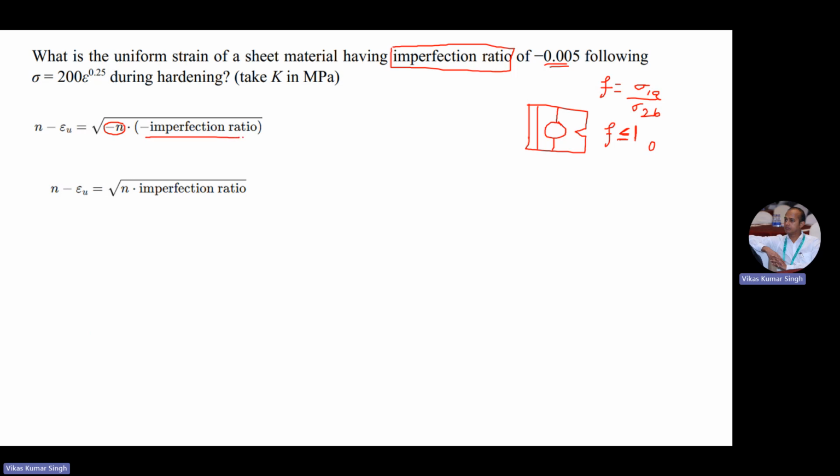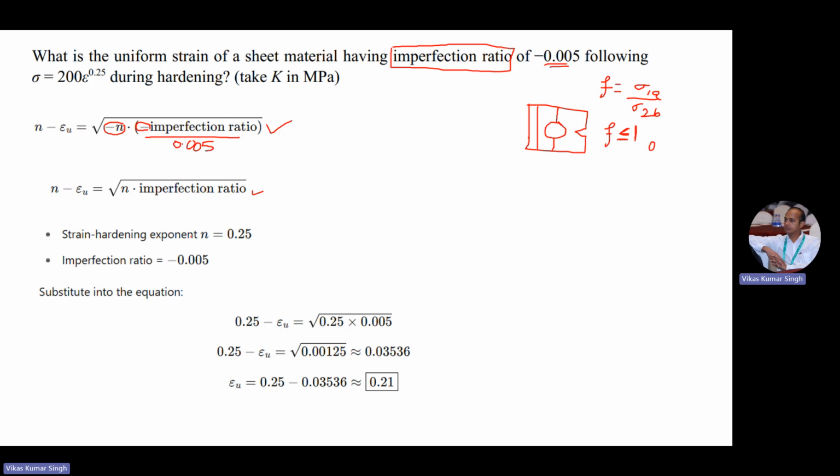The imperfection ratio is given as 0.005. The minus sign is already considered in the formula, so we are not going to put it in again. If we did not consider it, this would be 0.005, so you can say it is a small error, or you can omit it. The minus sign is already taken care of, so the formula can be written like this.